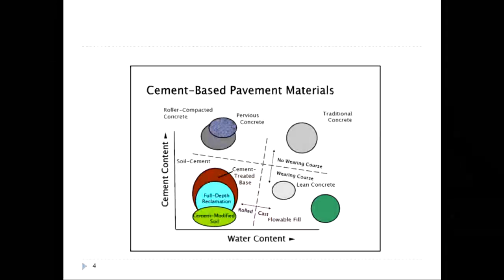So let us talk about lean concretes. For example, dry lean concrete, which is normally provided as a base course in the case of concrete pavements. Now, when you increase the water content slightly more than the water content you use for your cement treated bases, this becomes a more workable, more flowable mix.